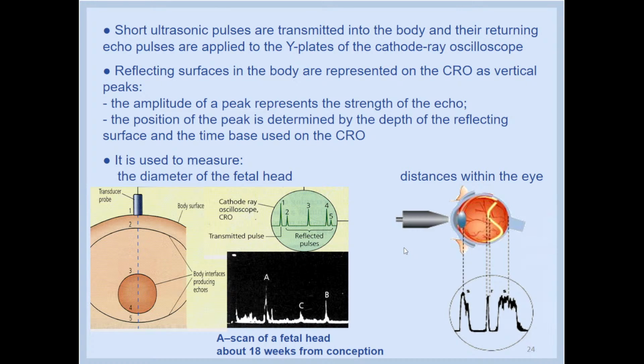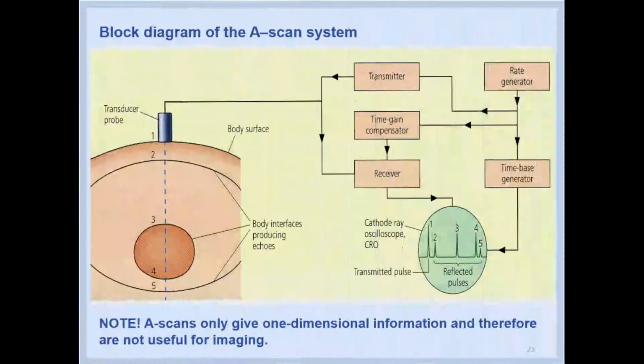So you can see this mode, the A scan. And look here, it is the block diagram of the A-scan system. It is the block diagram illustrating how the A-scan system works. Look here and follow the description I give you. The rate generator, this starts from here, initiates the A-scan system work.